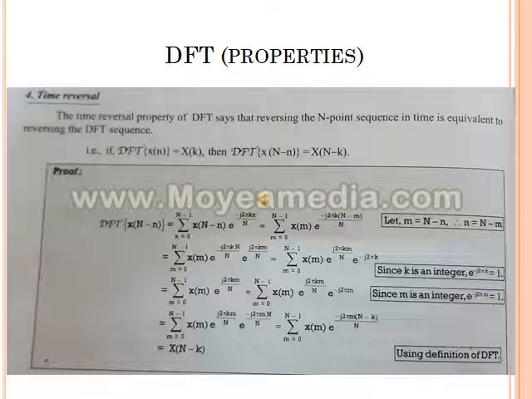The equation becomes summation m equal to 0 to capital N minus 1 x of m e raised to the power j 2 pi km by capital N. Now we are multiplying this with e raised to the power minus j 2 pi m, because this is again equal to 1 as long as m is an integer.